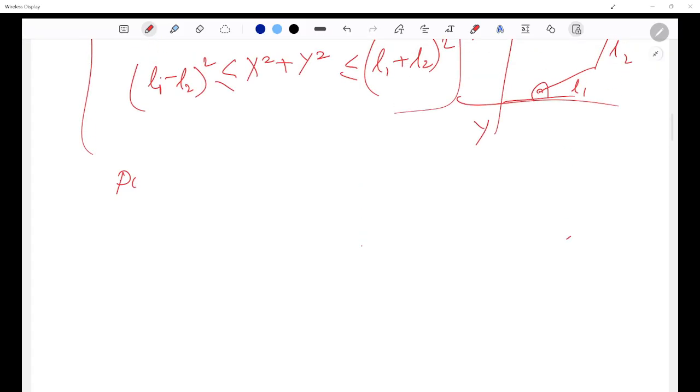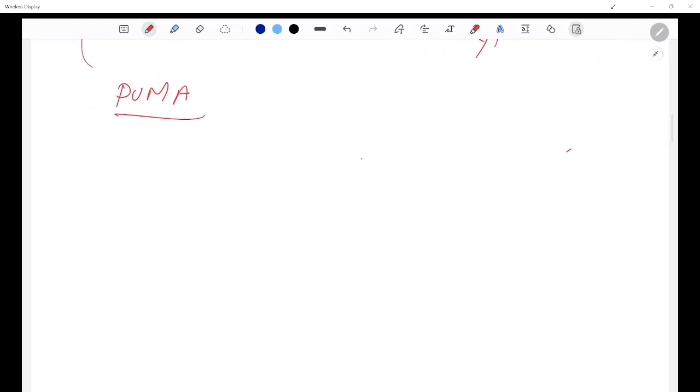Again, for the Puma robot also inverse kinematics was done, right? We saw there that there are revolute joints, and then you have the wrist, where the axes coincide for the last three joints. So the first three joints mainly deal with position, what would be the position of the end effector.